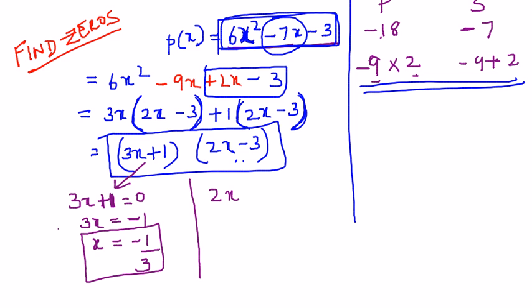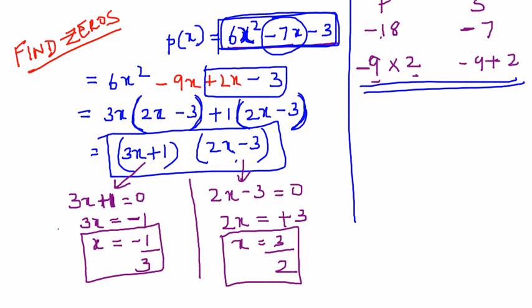Likewise, you try doing it for 2x minus 3 equal to 0. This one here. So 2x, I keep the unknown on one side, and when the known goes to the other side, it becomes plus 3. Therefore x is equal to 3 by 2. Right? Good. So what does this mean?